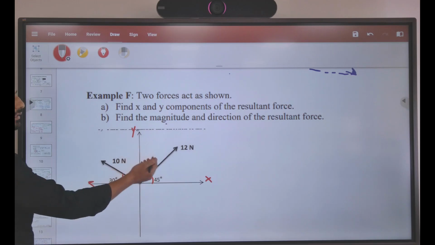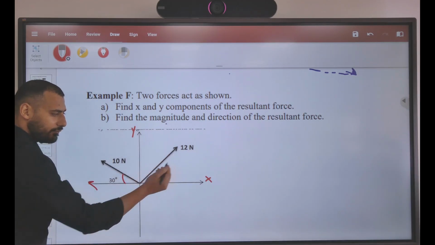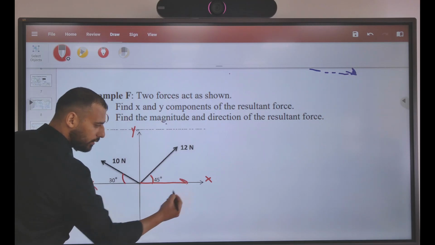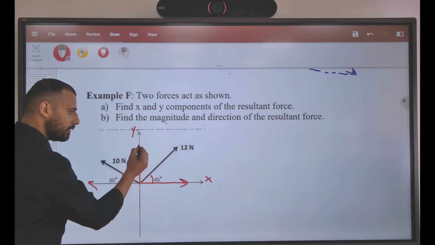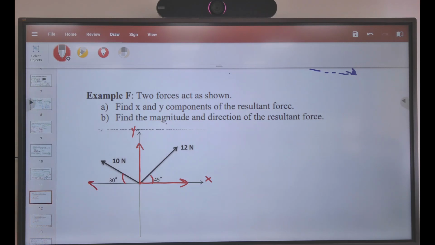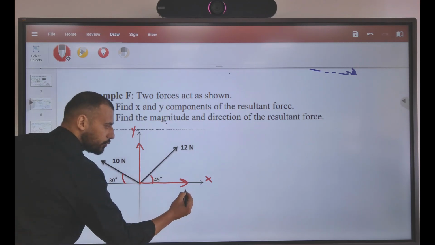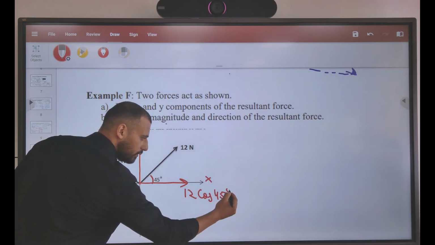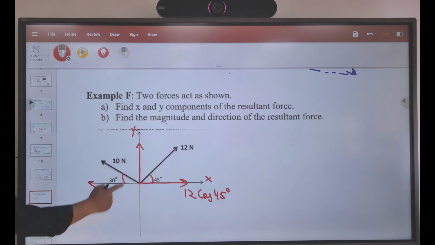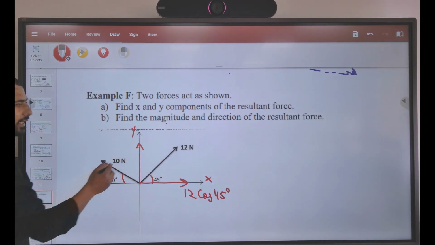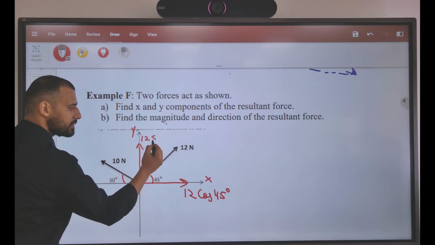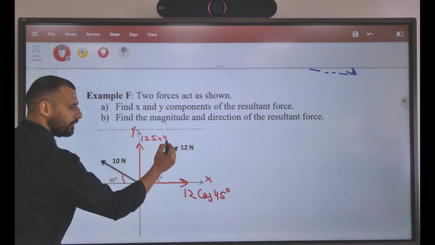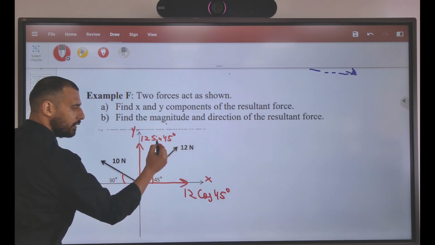If, for example, this is 12 Newton, it will have two components. One will be here, and the other one will be here, right? So this component will be 12 cosine of 45 degrees, and this component will be 12 sine 45. Is that clear?